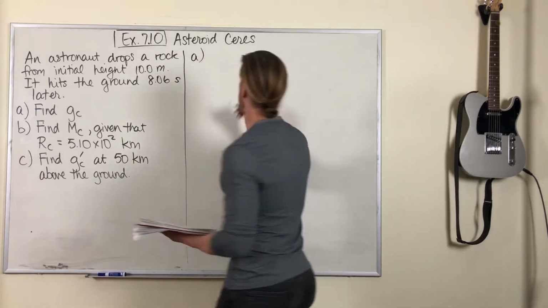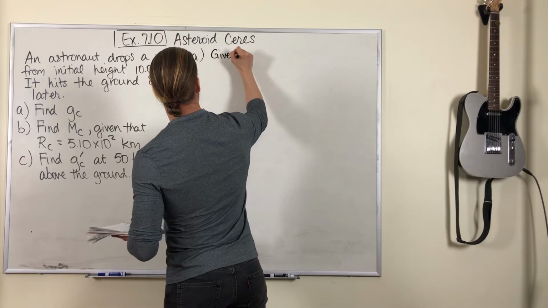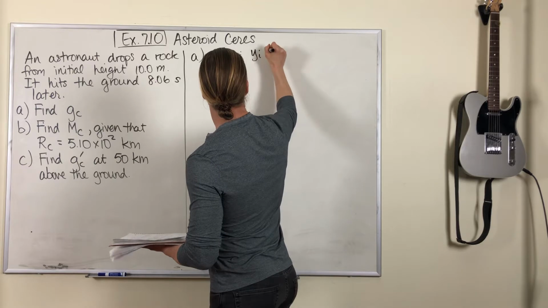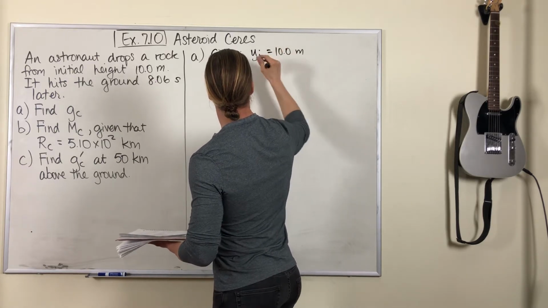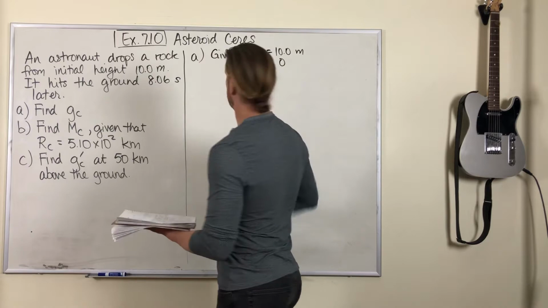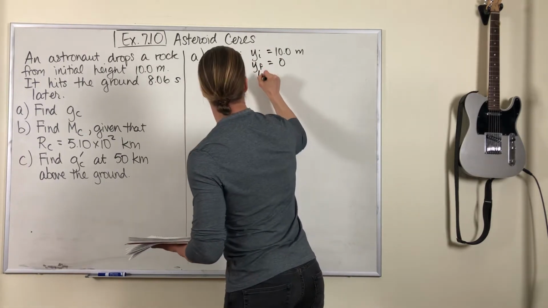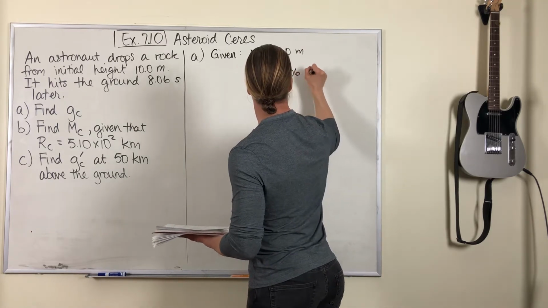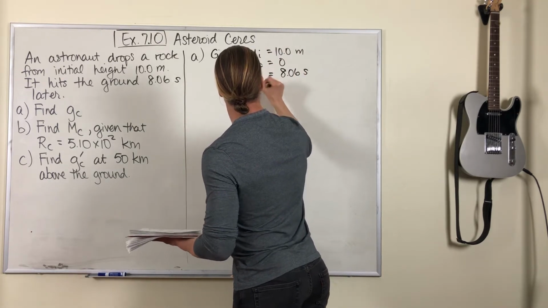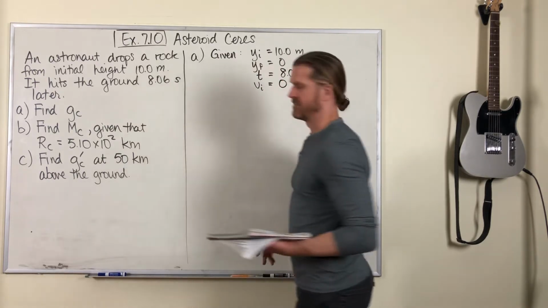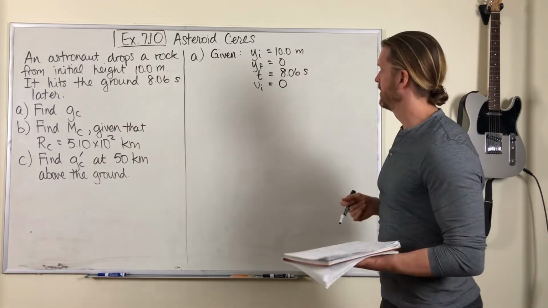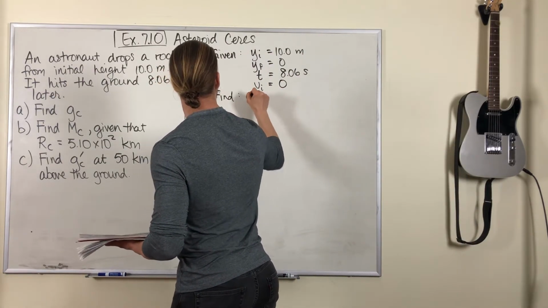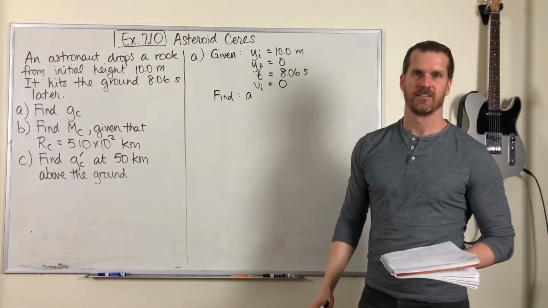All right, so in part A, we know an initial height, we know a final height, we know a time, we know an initial velocity, 0 because you drop the rock, and we want to find the acceleration.